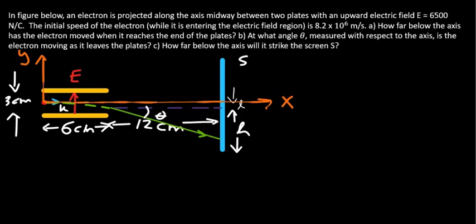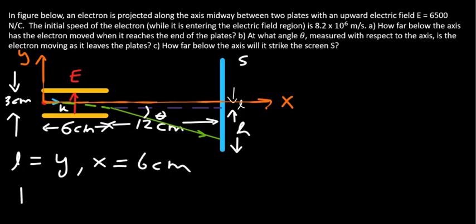So from here, it is clear that L represents the y-coordinate, or the vertical distance traveled by the electron in the same time as it travels a horizontal distance of 6 centimeters.